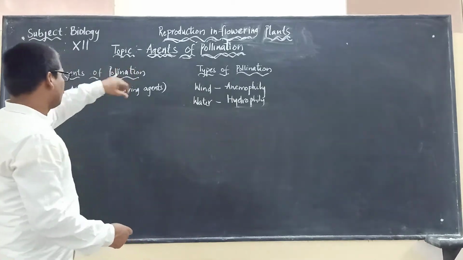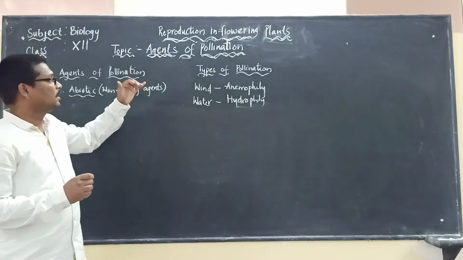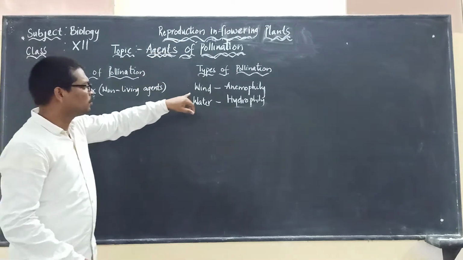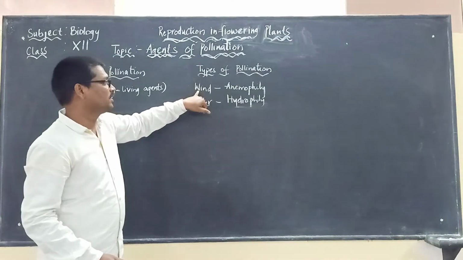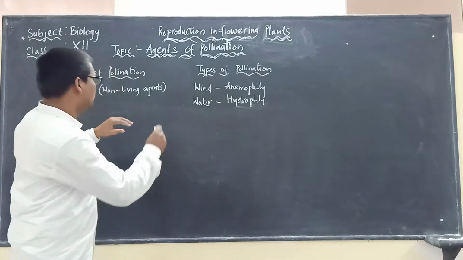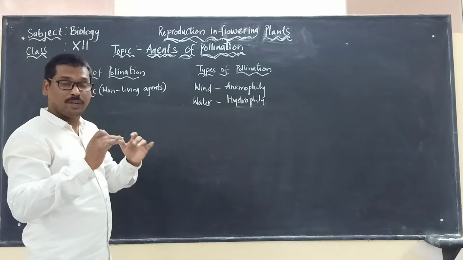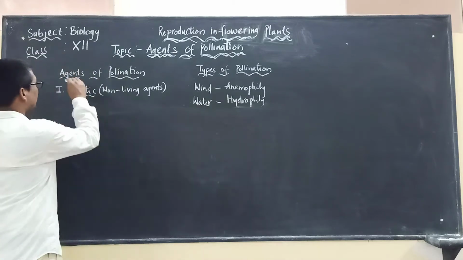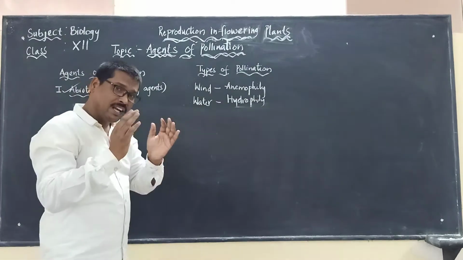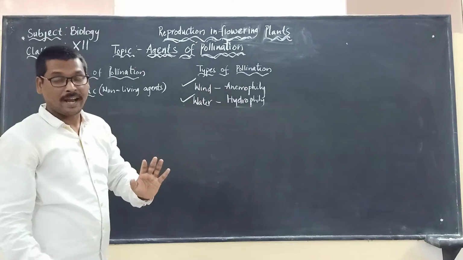Here we are going to discuss the abiotic, that is, non-living agents involved in the process of pollination. What are they? We said wind pollination and water pollination. The first thing you have to remember is that very few plants use abiotic pollination, which means very few plants go for wind pollination and water pollination.